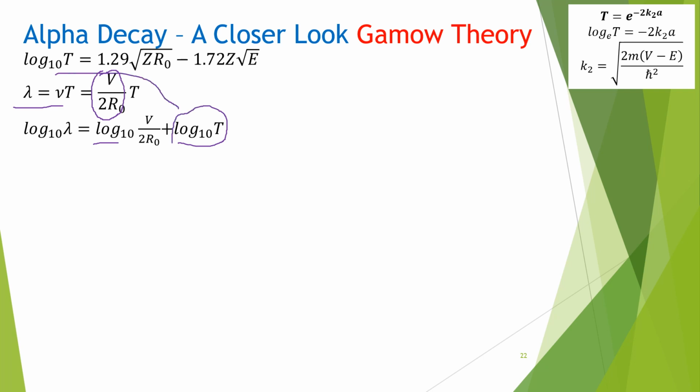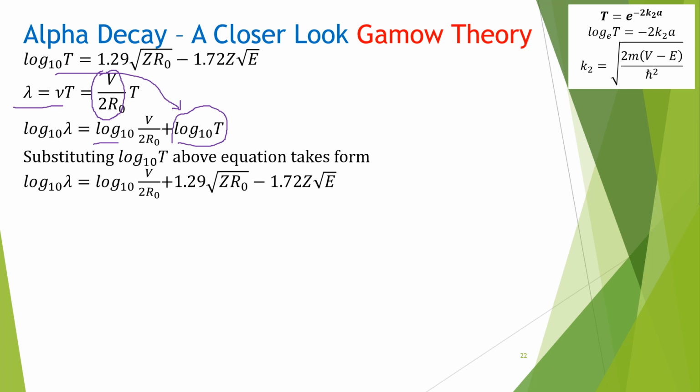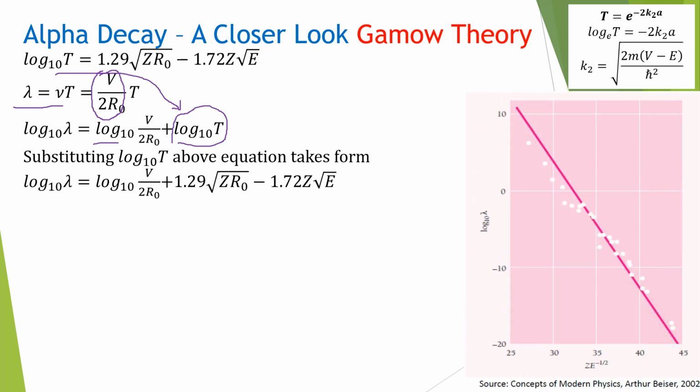Now we can substitute this value here, and we obtain this equation. Now we can compare with the experimental data. Here you can see on the x-axis we are plotting Z into E to the power minus 1 by 2.